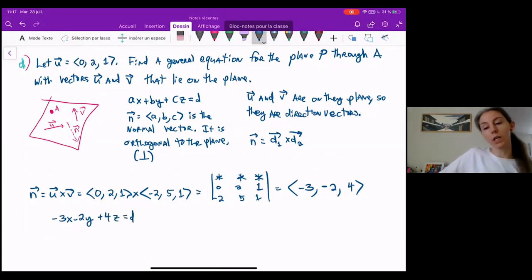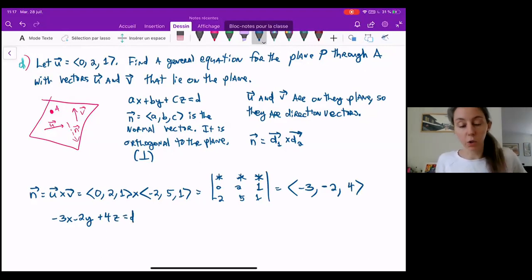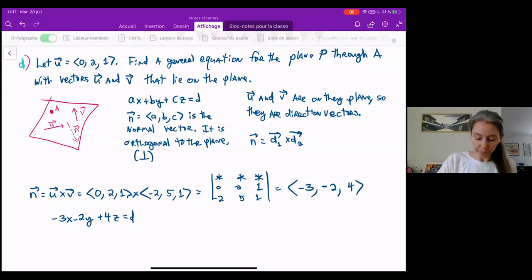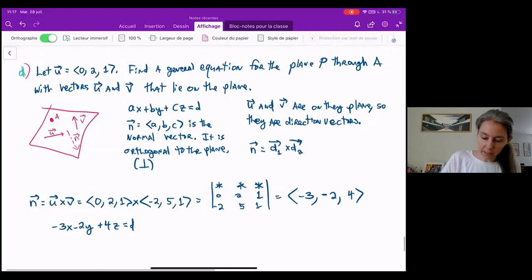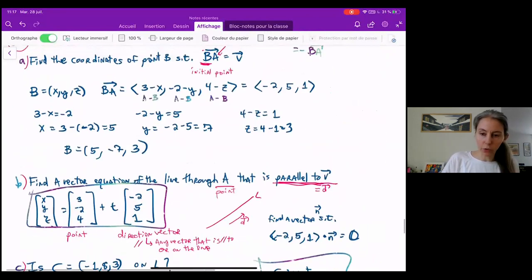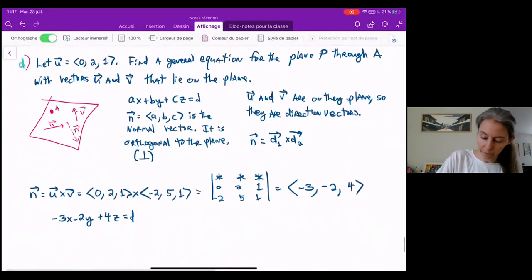So you might have noticed on the practice solutions, I plugged it into the point normal equation. But note that we can also just plug in the point. So our point is 3, negative 2, 4.